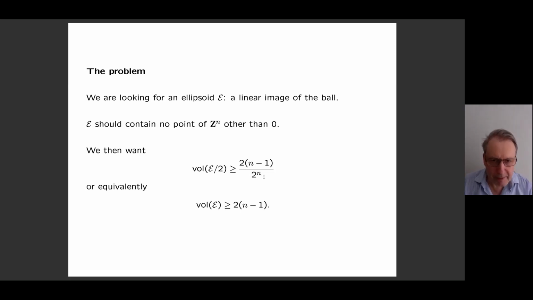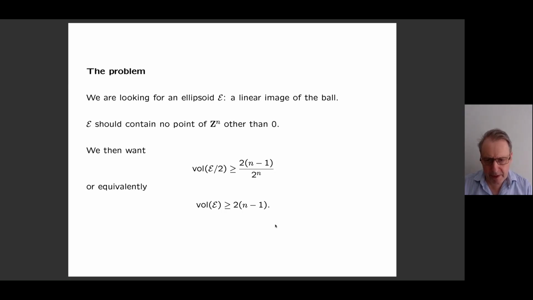And actually, throughout the arguments, you can take the view that this 2 to the n that appears in the lower bounds, in a sense, always comes from this interaction between the ellipsoid, which is not containing lattice points, and the one that you actually pack, which is half as big. In a sense, that's where the 2 to the n always comes from.